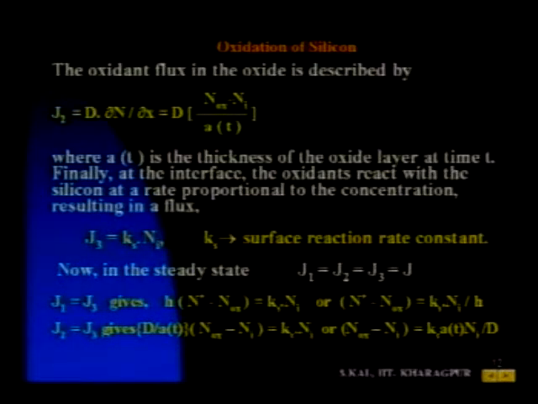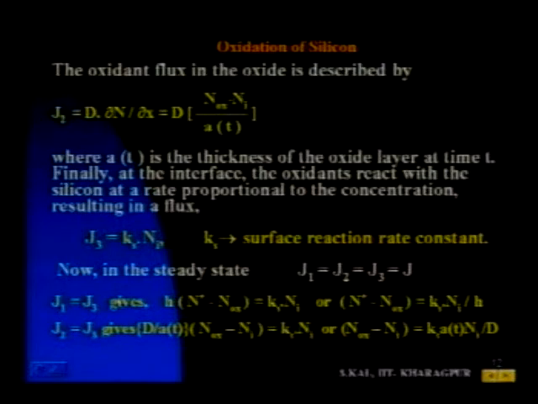Once the oxidant particles have reached the interface, then the flux is J3. That J3 is proportional to Ni, the number of oxidant particles at the interface. If you equate it, J3 is equal to Ks into Ni.